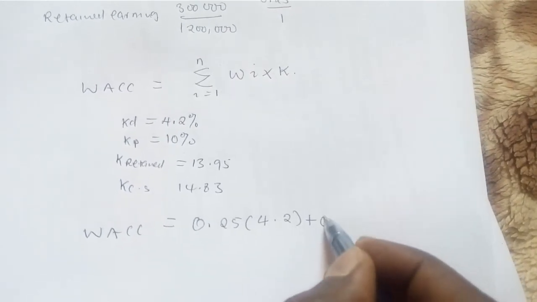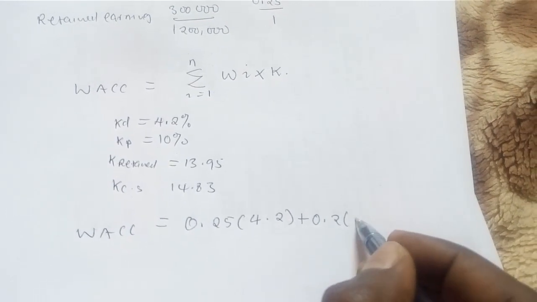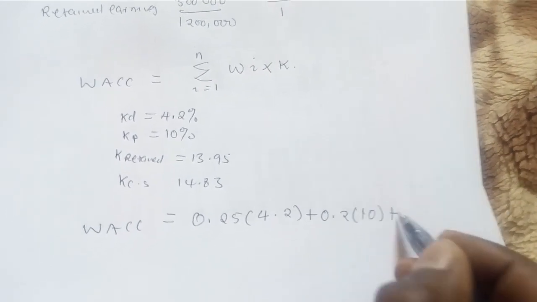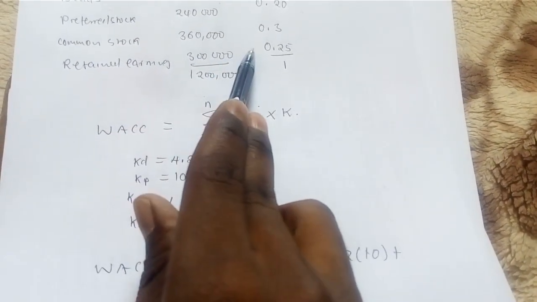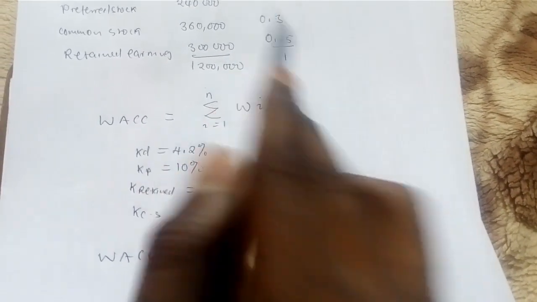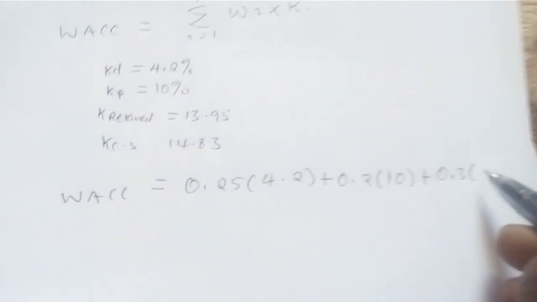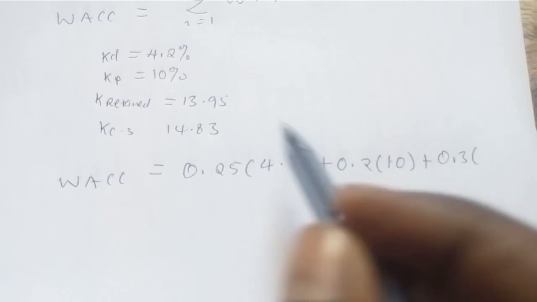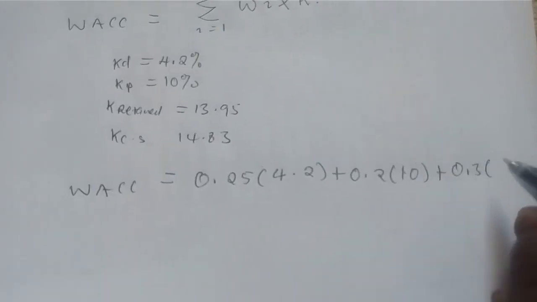We have 0.2 multiplied by the cost of preferred stock, which was 10%, plus we go to the weight of common stock. Common stock, in this case, we apply the newly issued one, which is 0.3. 0.3 multiplied by the cost of newly issued common stock was given to be 14.83.